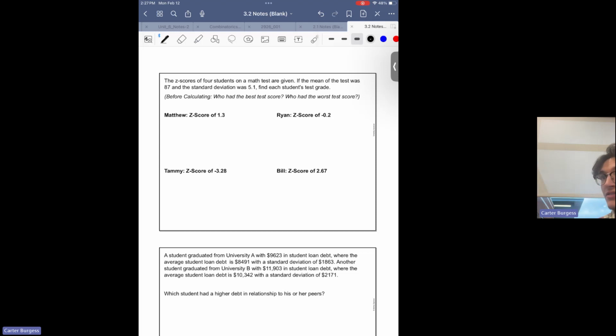Above, or to the right of the mean. So I'm going to add whatever I see there to the mean. And what does that 1.3 represent? Number of standard deviations. So 1.3 times the standard deviation gives me the number of points above the mean.